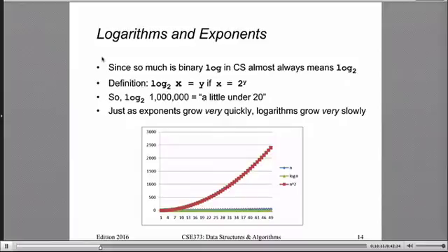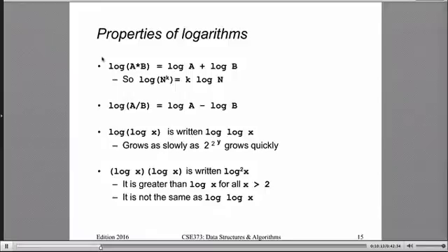You probably know the properties of the logarithm function already, so it's easy. I won't detail this. At some point we may have to mention a very special function, which is log of log.